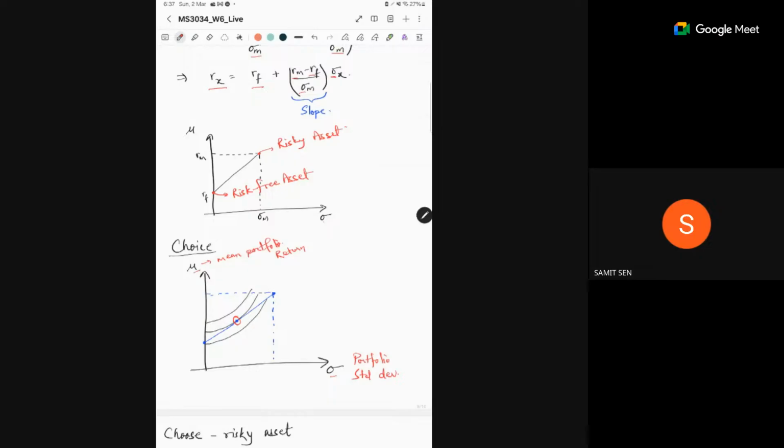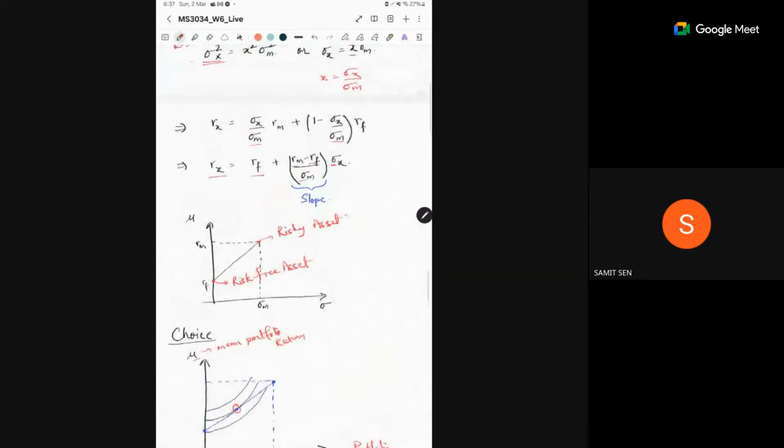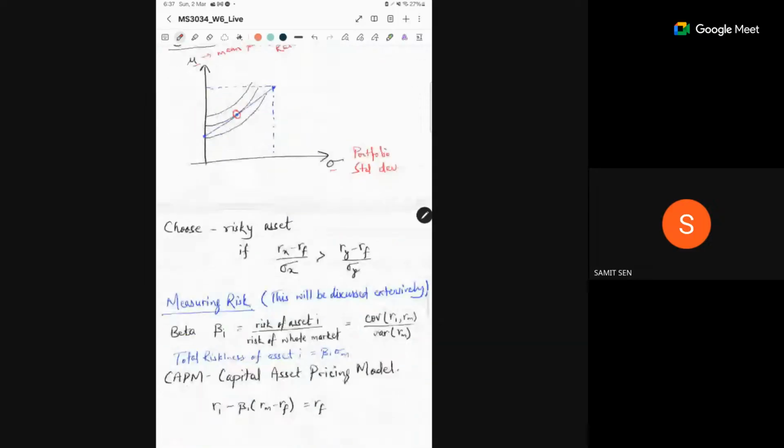So now, there was a discussion about how we choose between risky assets. We choose risky assets by comparing this parameter, Rm minus Rf over sigma.